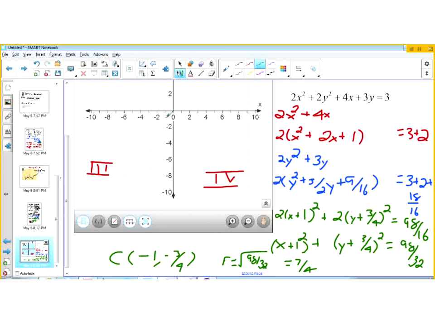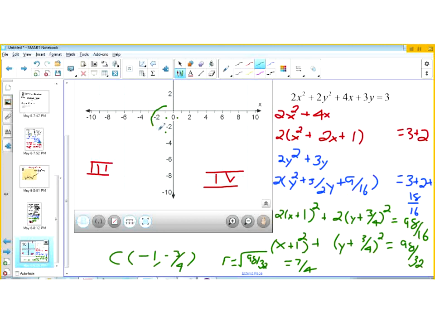So there's your radius, and from there we can sketch. (-1, -3/4) would be roughly right there. Then we can go 1 3/4 this way, and 1 3/4 this way, and 1 3/4 this way, and 1 3/4 this way.